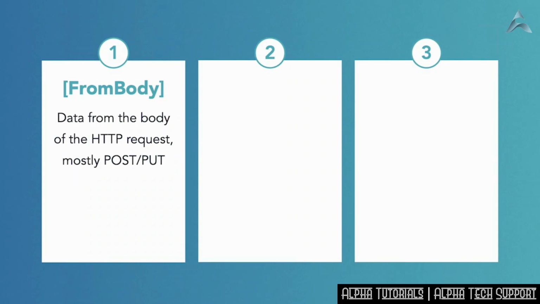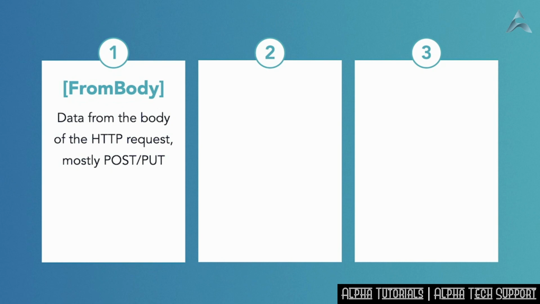First, there's from body as an attribute. As the name suggests, the data there comes from the body of the HTTP request. What's that? An HTTP request consists of HTTP headers and also, optionally, an HTTP body or a request body.